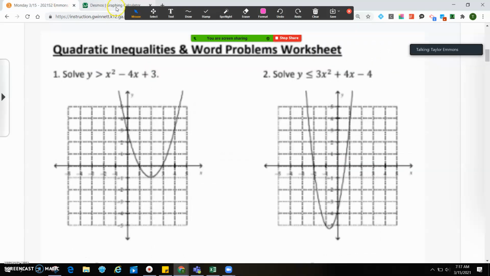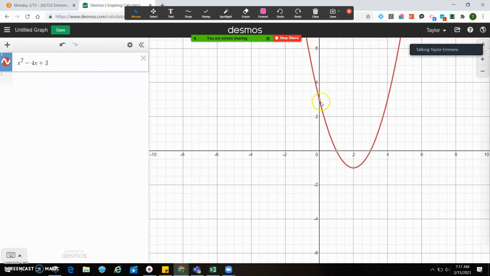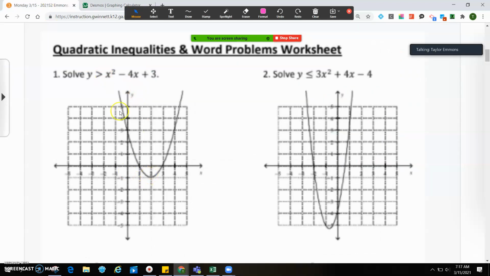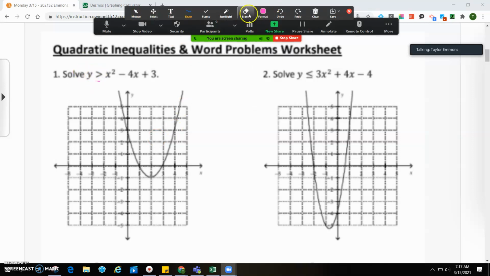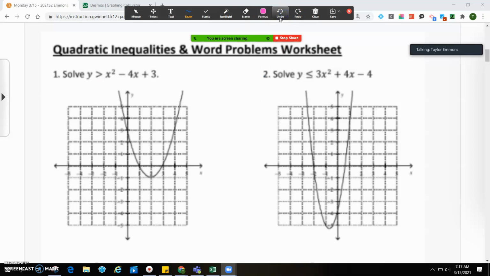That's what it said. So we've got this right here, which is coincidentally exactly what's already graphed. Now, since it doesn't have a line underneath, we're going to make this line dashed. So instead of a solid line, this is going to be a dashed line.